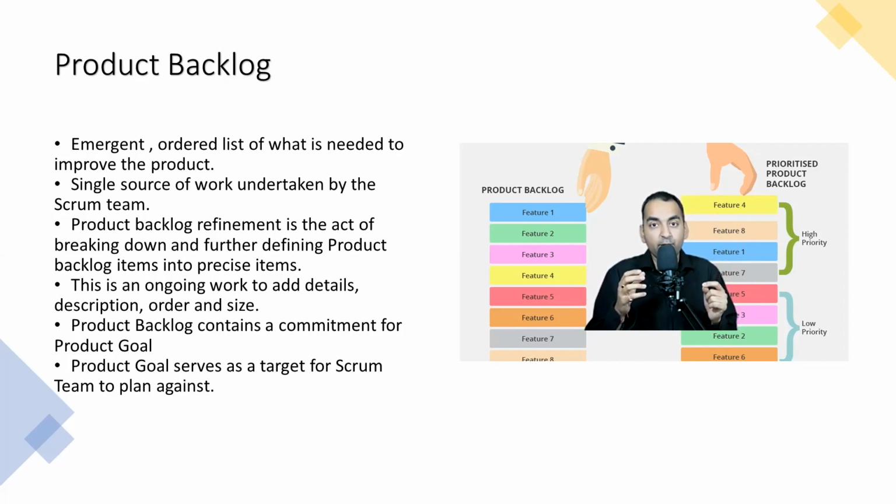Product backlog refinement is also performed by various teams. So product backlog refinement essentially means that once the items are listed down, then a refinement should be done by the product owner in collaboration with respective stakeholders or customer in order to improve the product backlog.